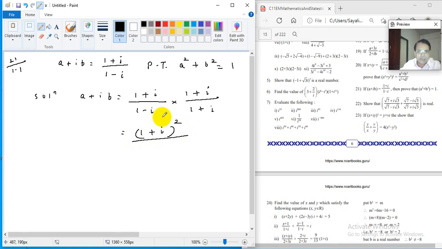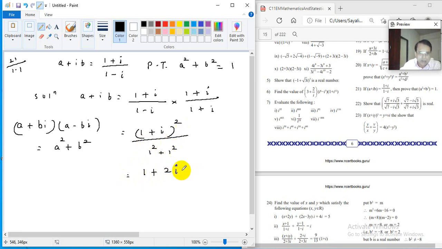And the denominator is a square plus b square, as you know this formula: a plus bi into a minus bi comes out to be a square plus b square. So it is 1 square plus 1 square, which is 2. The numerator, 1 plus I squared, is 1 plus 2i plus I squared, and the whole thing is divided by 2.